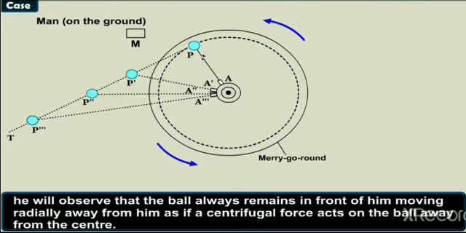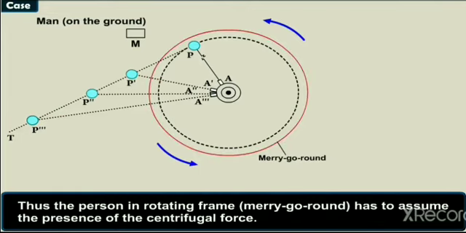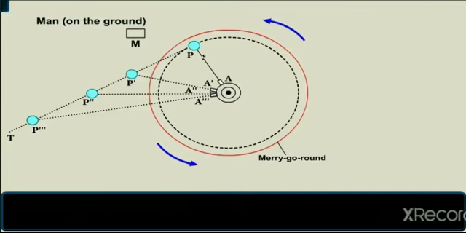That is, he will observe that the ball always remains in front of him, moving radially away from him, as if a centrifugal force acts on the ball away from the center. Thus, the person in rotating frame, merry-go-round, has to assume the presence of the centrifugal force.